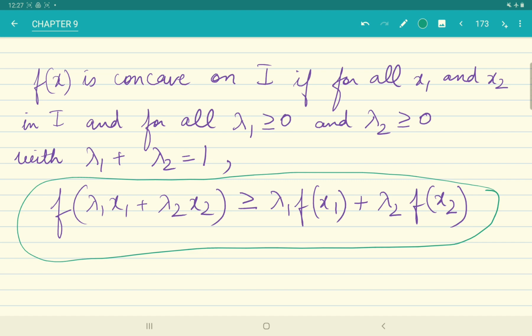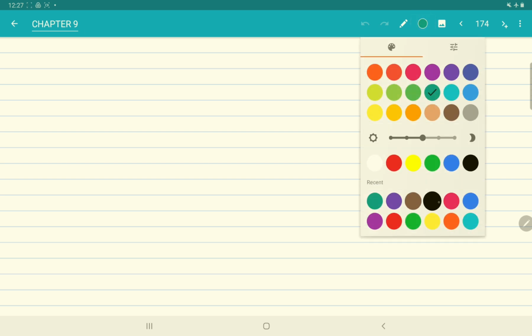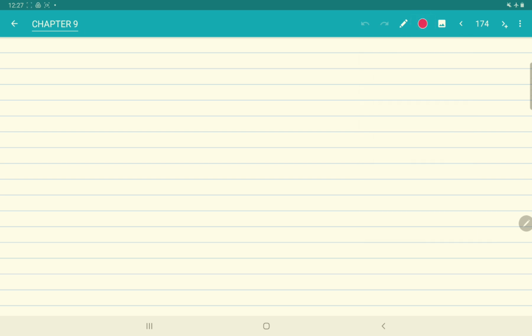And now let's take up Jensen's inequality. So for that, as I said, we are going to generalize this. That means we now don't have just x1 and x2, we have x1, x2 till xn. That's how I'm generalizing this inequality, and that's when I get Jensen's inequality.